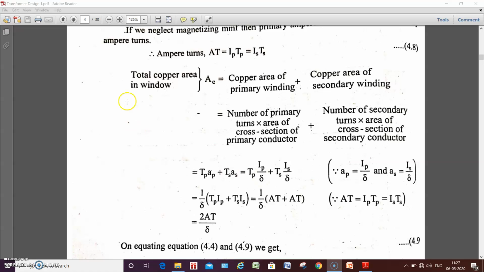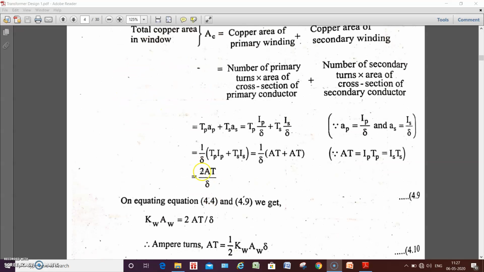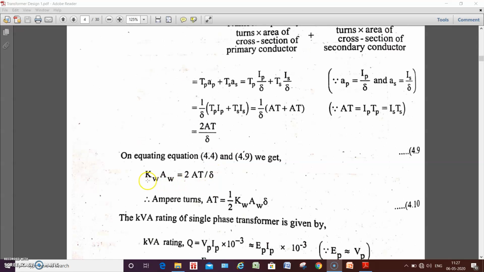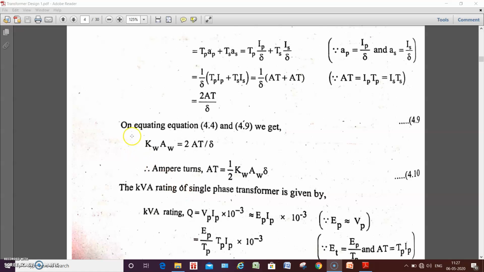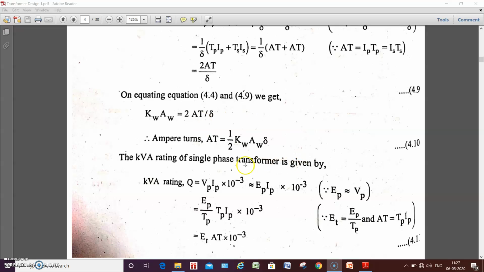So we are going to equate these two equations. This is also the equation for copper area in the window. So that is 2 IPTP by delta, that is also equal to KW AW from the dimensions of the window. Okay. So that the ampere turns now is KW AW divided by 2 multiplied with this delta. So this is the ampere turn equation.